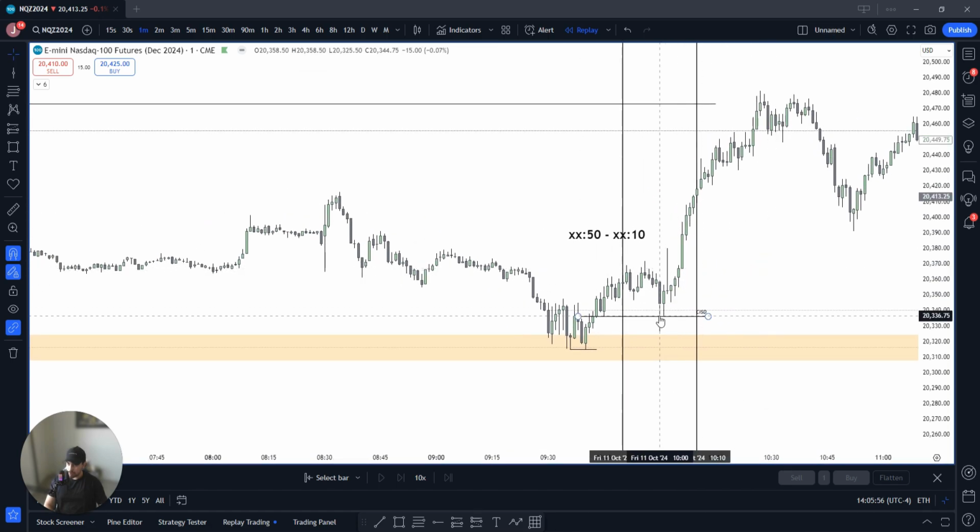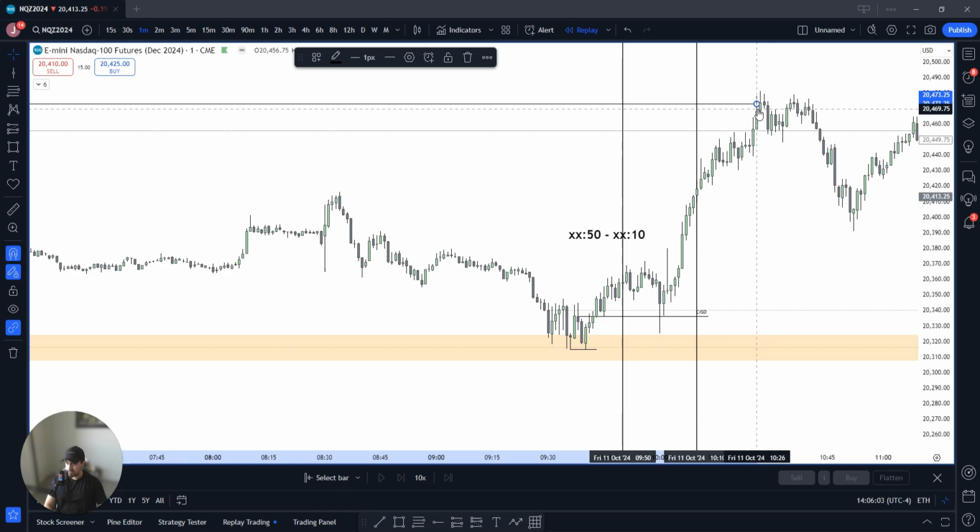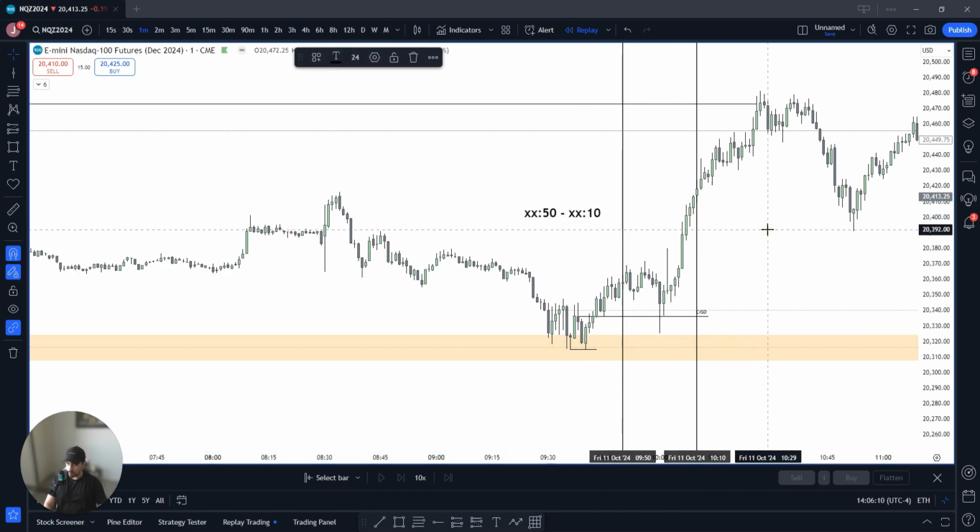So 10 a.m. news opens lower, and then we deliver during the macro, and 10 minutes after the macro ends, or 15 minutes, 16 minutes after the macro ends, it just keeps grinding higher up into that buy side, up into those relative equal highs where Asia session made those relative equal highs.